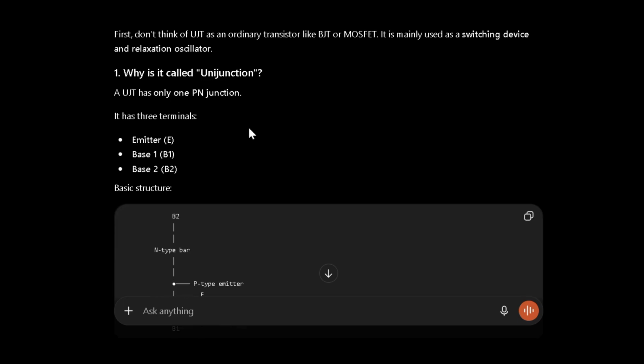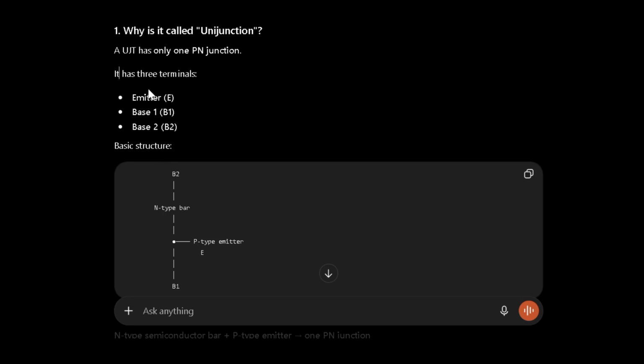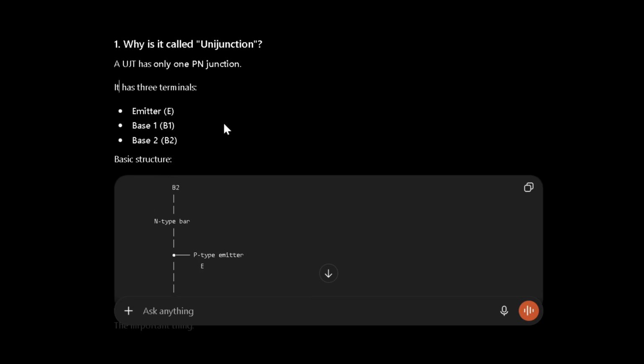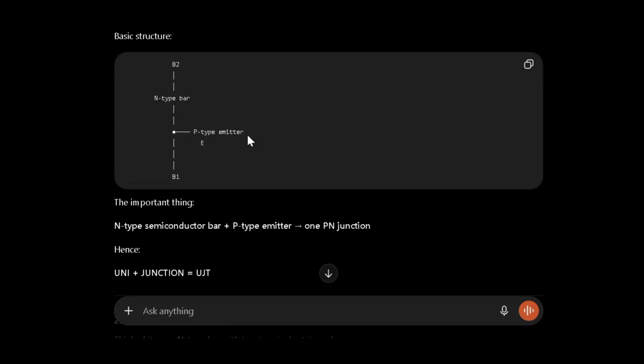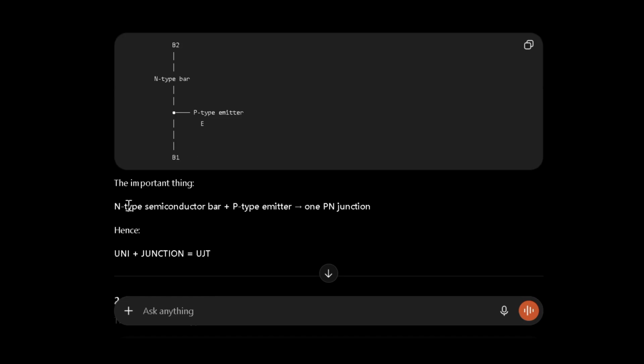We can think of a voltage gradient between B1 and B2, let's call it VBB, and the peak voltage will be given by the formula Vp equals eta VBB plus VD.